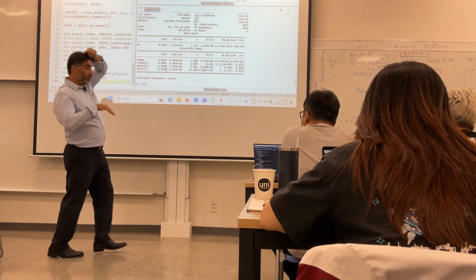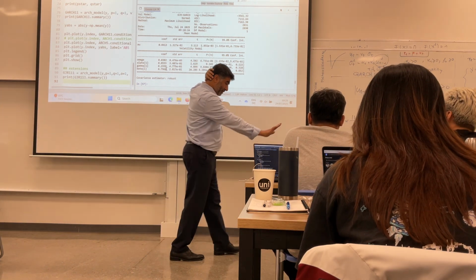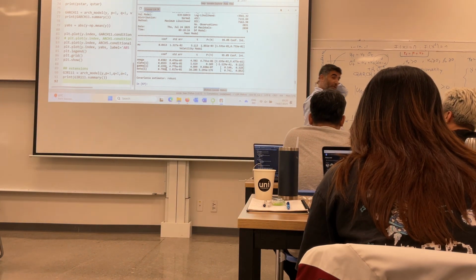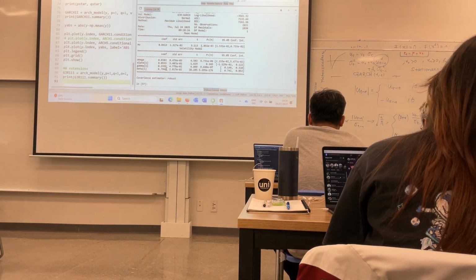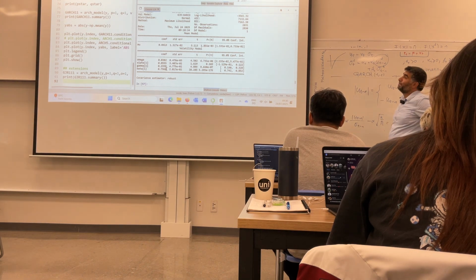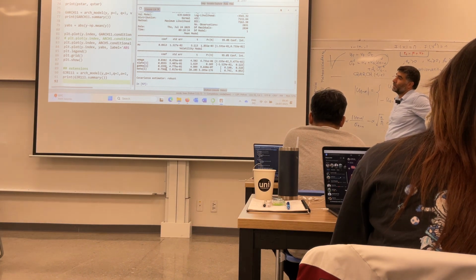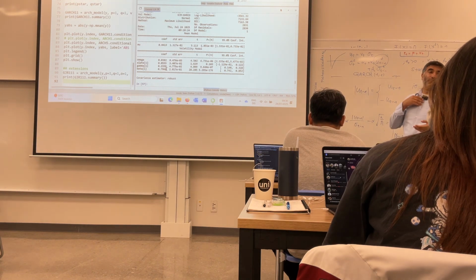So when the shocks are negative, then people sell, and the volatility goes up. So I will also estimate an EGARCH model, and then we'll do multivariate.